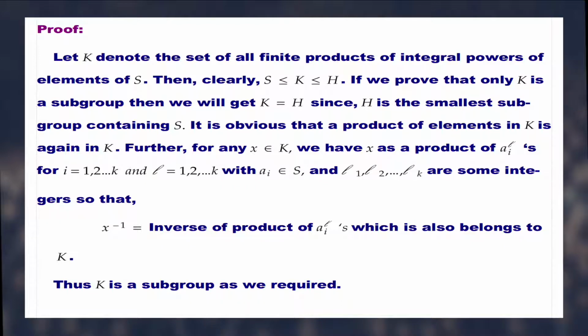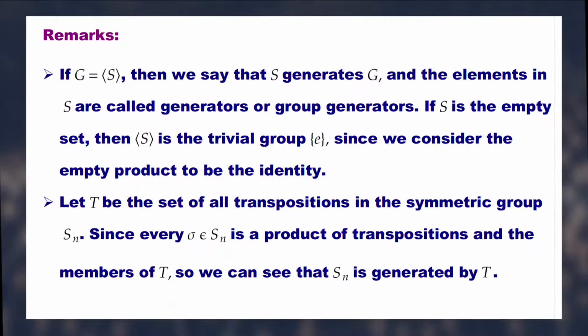Let us see the remarks. If H is the subgroup generated by S, then we say that S generates H, and the elements in S are called generators or group generators. If S is the empty set, then the generated group is the trivial group, the identity, since we consider the empty product to be the identity.